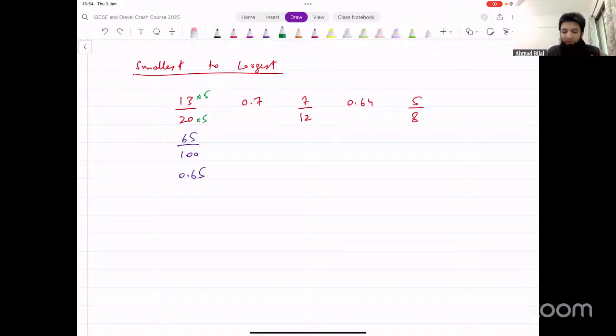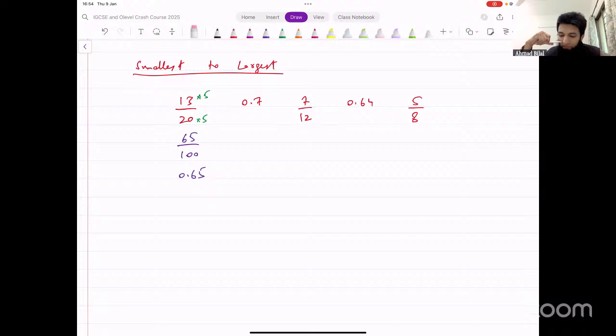What about 7 over 12? How do we convert this to decimals now? 12, can we try to somehow take it to a power of 10? That means either 10 or 100 or 1000. Now think about it.